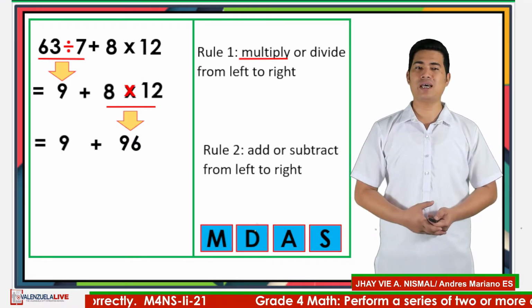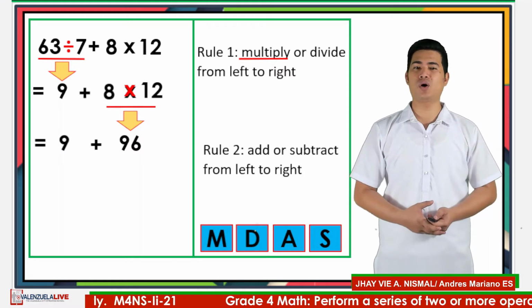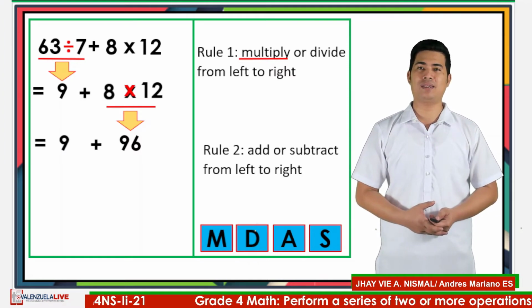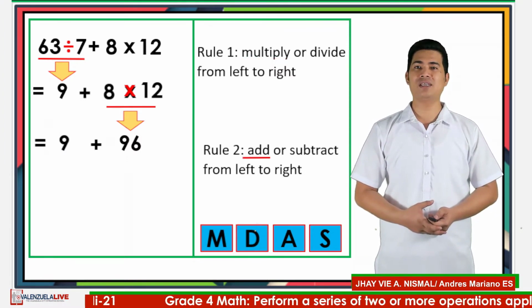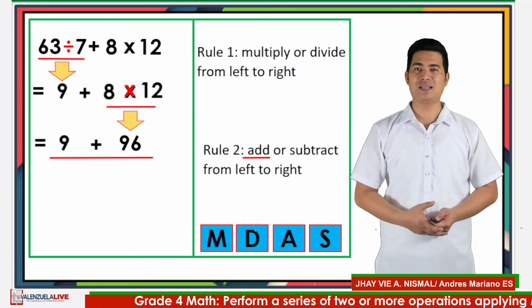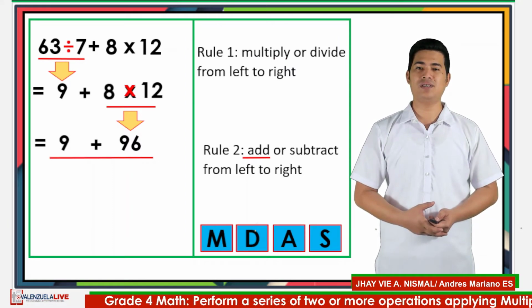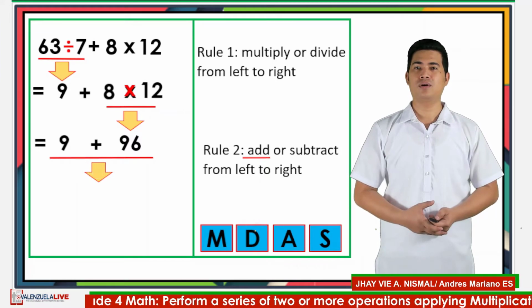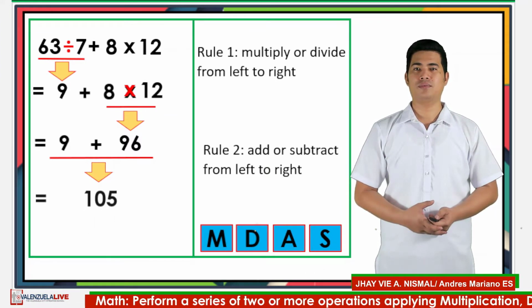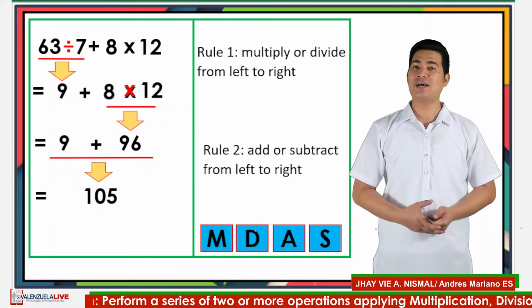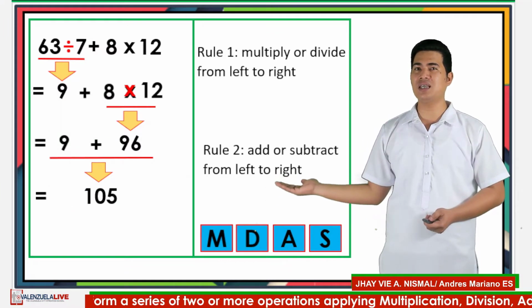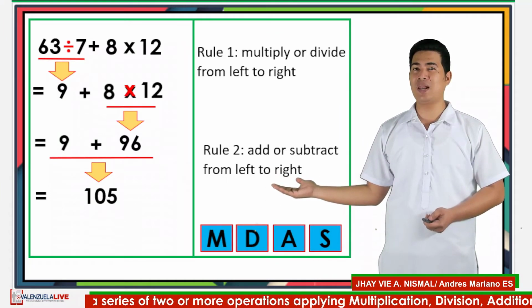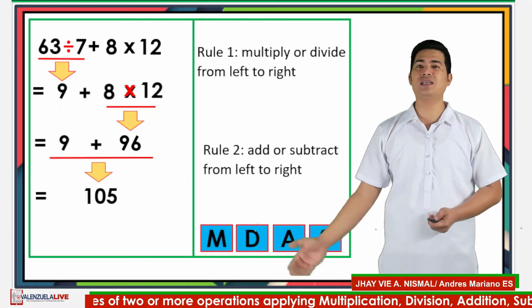The rule says, add or subtract in the order from left to right. So, 96 plus 9 is equal to 105. As a result, 63 divided by 7 plus 8 times 12 is equal to 105.